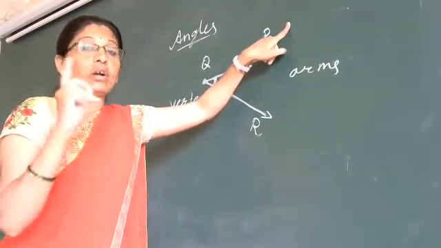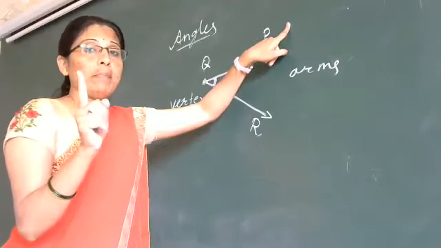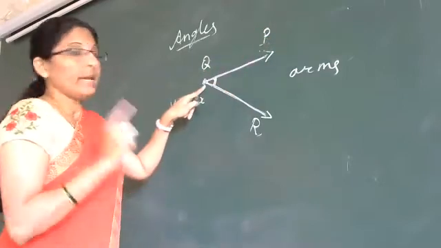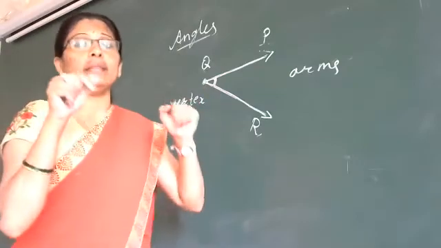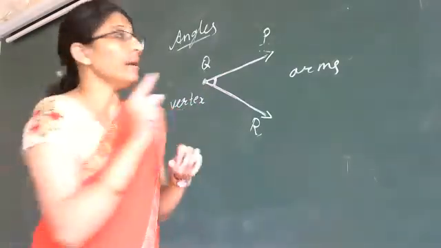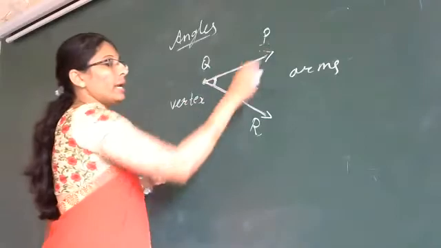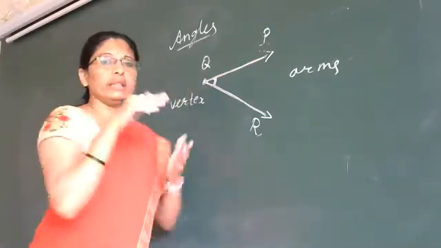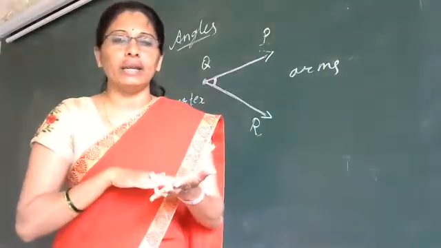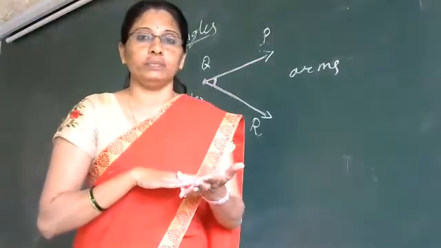Either way we can read. One more thing we have to remember: always when we are writing an angle, the vertex should be in the middle. You can't read it as QPR. It is wrong. Always Q should be in the middle when we are writing an angle.